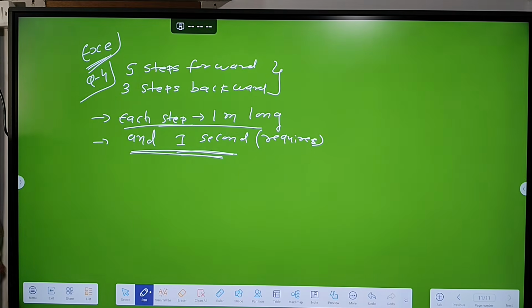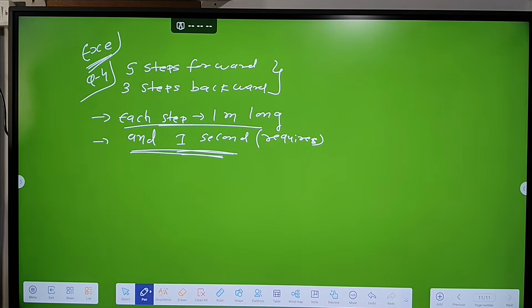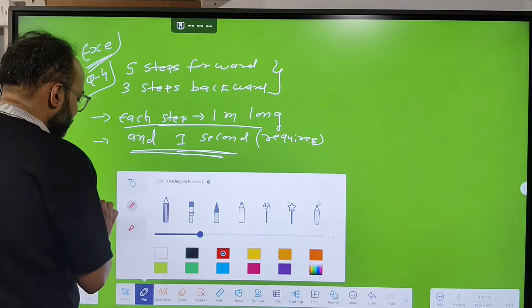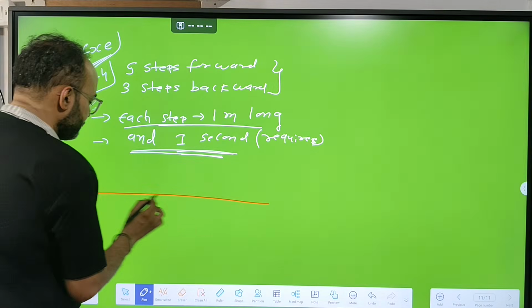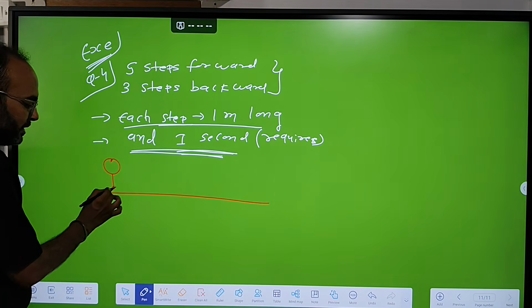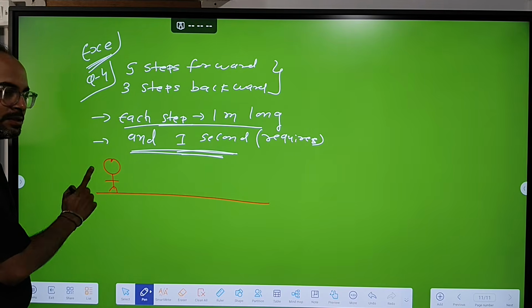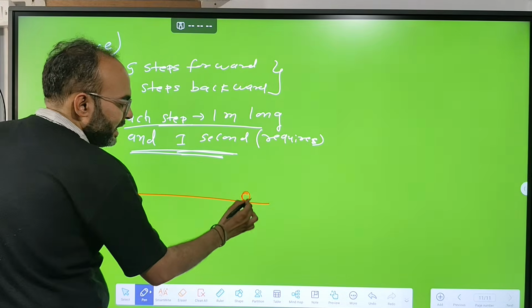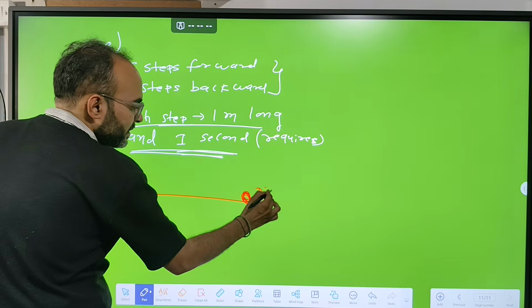Now, what is our question? We want to find how long the drunkard takes to fall into a pit 30 meters away from the start. How to solve it? Suppose this is the narrow road, this is the drunkard, and this is the pit.